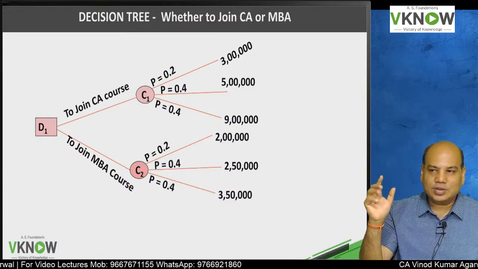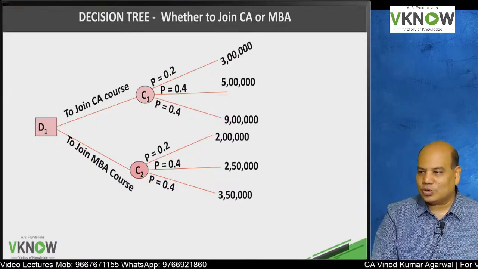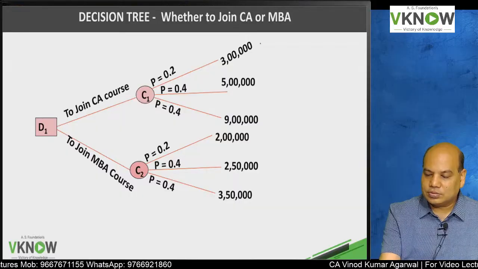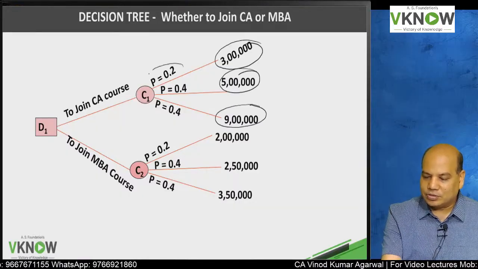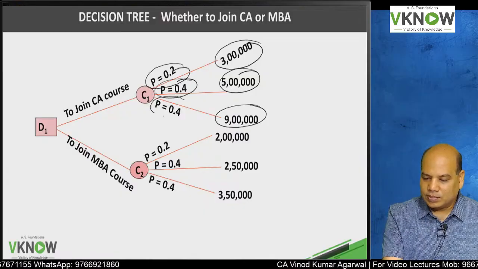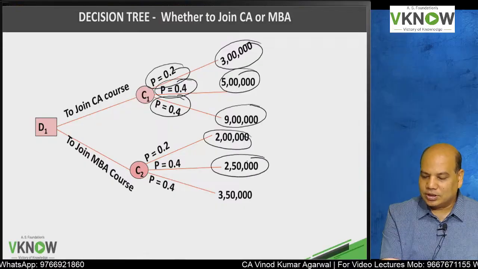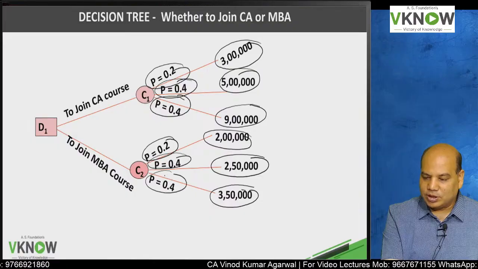Is it right? The basis of decision is salary maximization. So if I do CA course, these are my 3 possible salary packages with these probabilities. If I do MBA course, these are my 3 possible salary packages with these 3 probabilities.